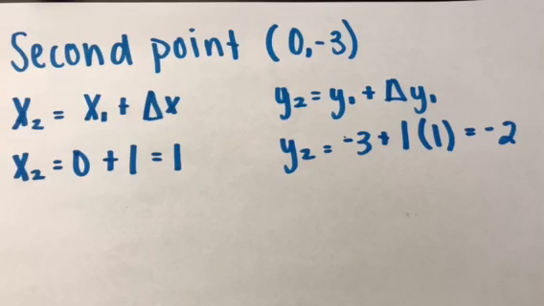The next step is to use the second point, 0, -3, and plug it into the same equation used in the last part. You then find that 0 plus 1 equals 1, and -3 plus 1 times 1 equals -2.